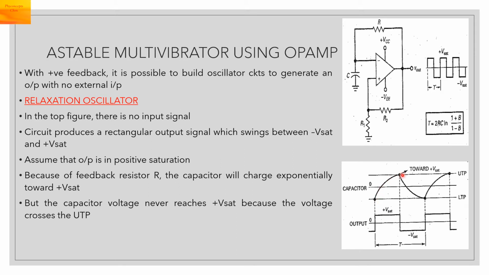The capacitor is charging when the output is at plus Vsat. So it charges and goes towards plus Vsat, but it doesn't reach there. As soon as it crosses UTP, the output will switch from plus Vsat to minus Vsat.